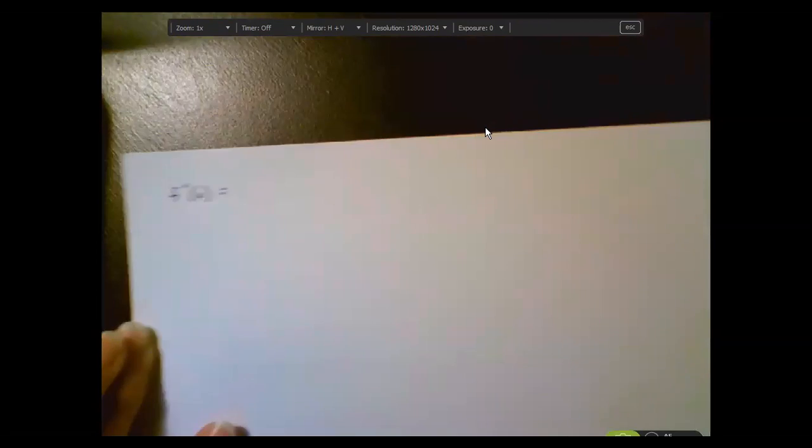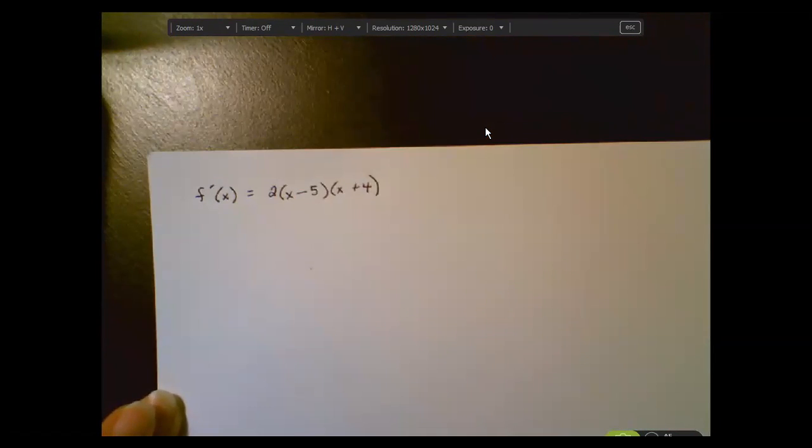If you give me some function, I'm just going to give you the derivative. Let's say I have a function whose derivative is 2 times (x minus 5) times (x plus 4), then what are the critical numbers for that function?